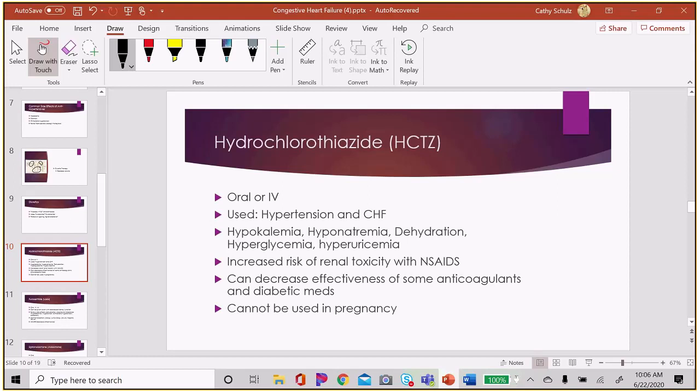So if I change how the nephron uses sodium, potassium, and fluid, then instead of keeping those substances, I can get rid of them and put them in the filtrate, in the nephron. So people who are on hydrochlorothiazide, we're trying to get rid of fluid. So the effects could be a decrease in potassium, a decrease in sodium, and dehydration.